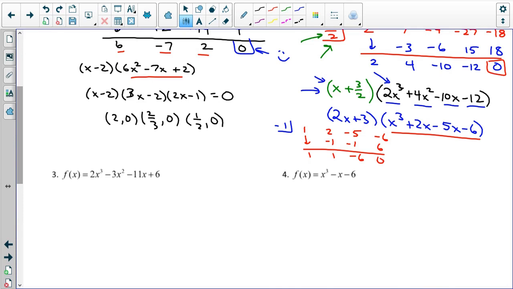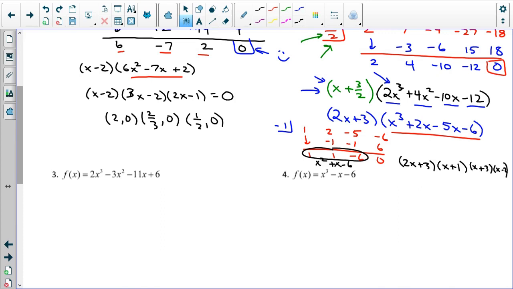And that works out. So I end up doing the exact same thing I did on the other side. I have 2x plus 3, x plus 1, and then I have x squared plus x minus 6 from this, which then can factor into x plus 3, x minus 2.